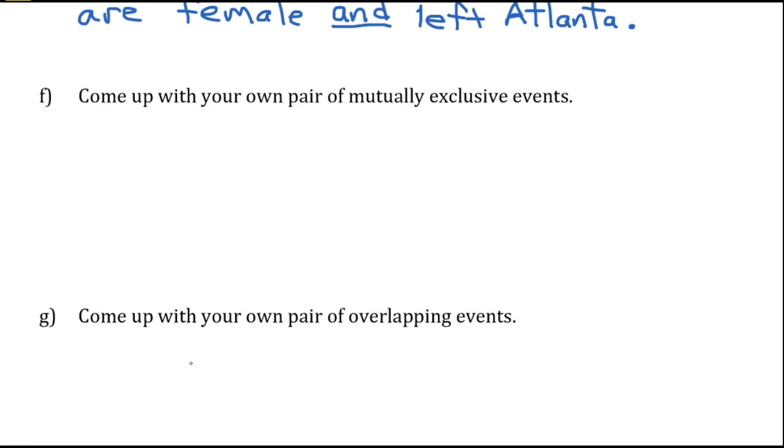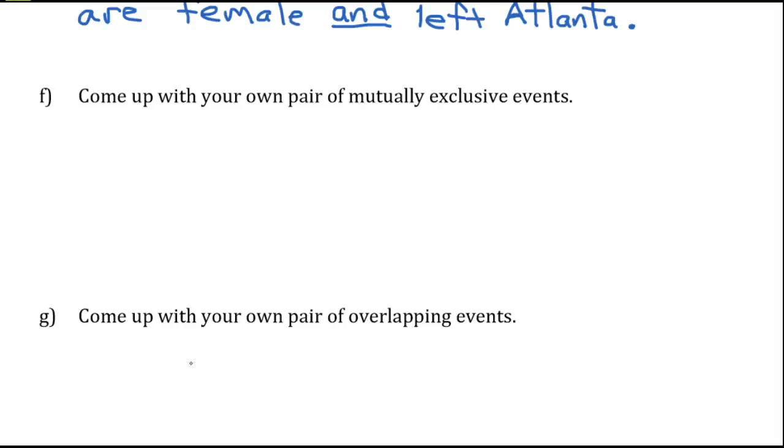Let's say one event was being 13, and the other event was having a driver's license in America. I guess I'm not sure what all the laws are in all of the countries, but let's say in the United States. Those events would be mutually exclusive because you cannot both be 13 and also have a driver's license in this country.